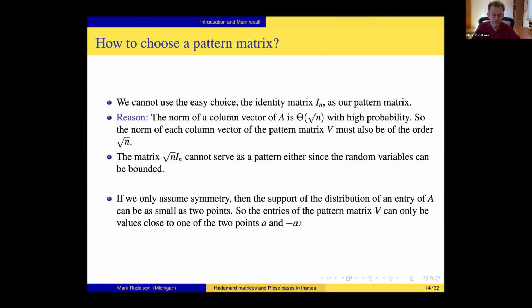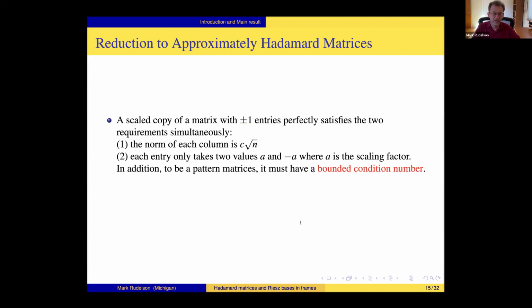So what do we need? We need a matrix with plus minus 1 entries, which satisfies 2 requirements. So the norm of each column is about square root of n. This is automatically satisfied because the entries are plus minus 1.